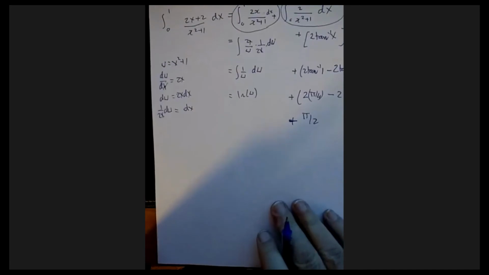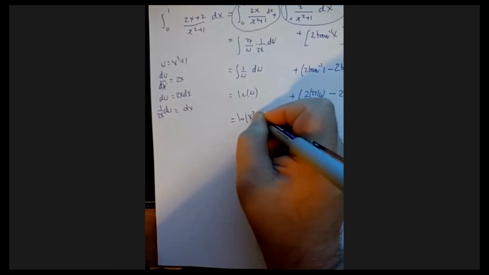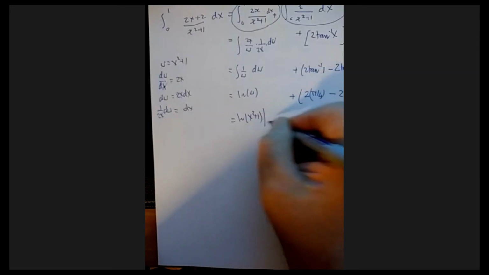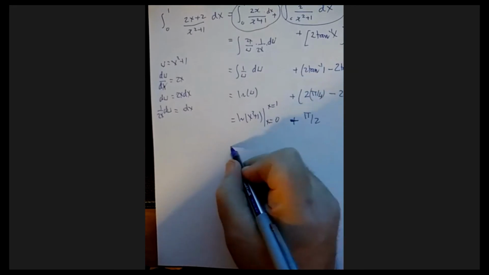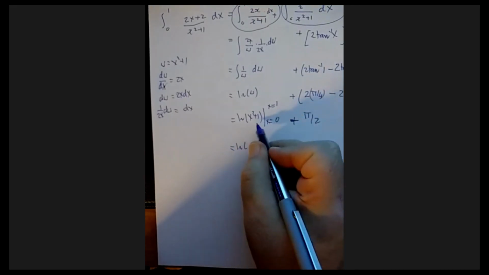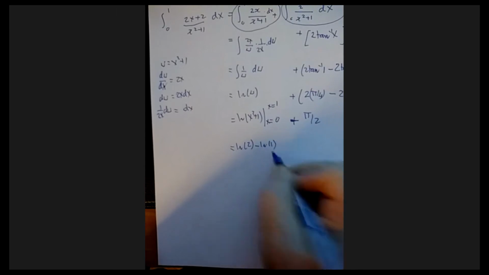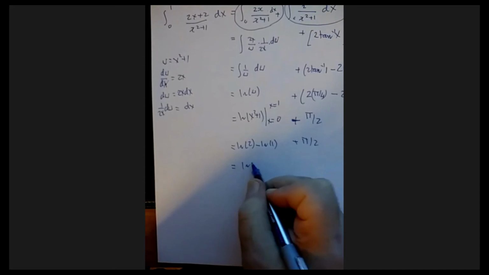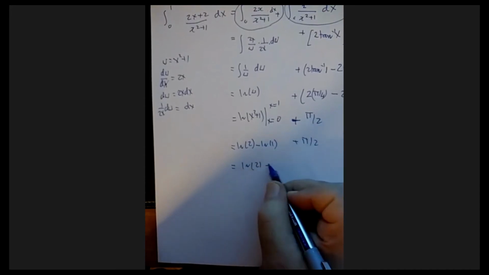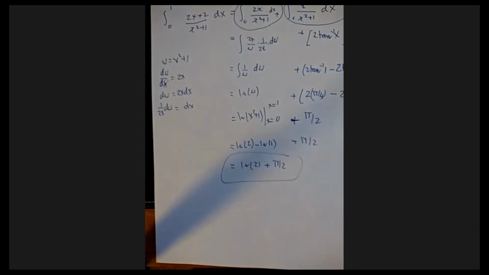So maybe you just saw the whole thing in one go, which becomes, if you return it back to its original, that fella evaluated at 0 and at 1. So you get the log of 1 squared plus 1, which is 2, take away the log of 1. The log of 1 is 0. And there is your final answer.